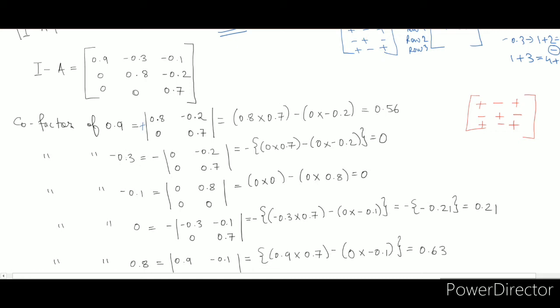So we know here that minus 0.3 is found in the second column, first row. So if we remove these elements, we are left with these. Those are called the minors, and based on the position of minus 0.3, because if we add the row and column number, we get an odd value which is equal to 3, hence this will be preceded by a negative sign.